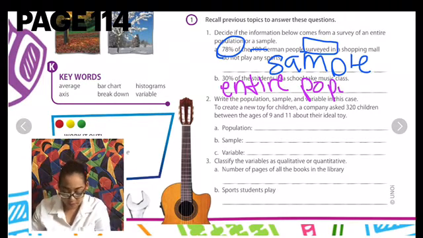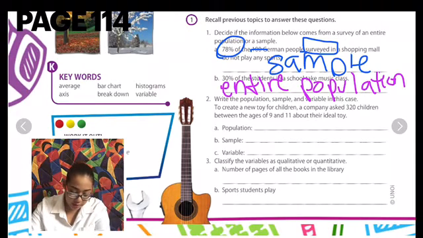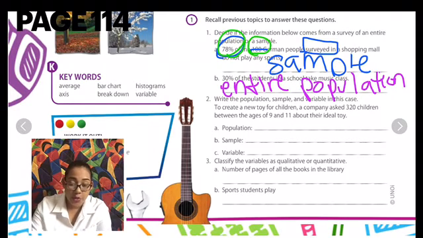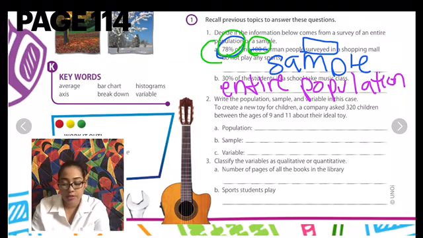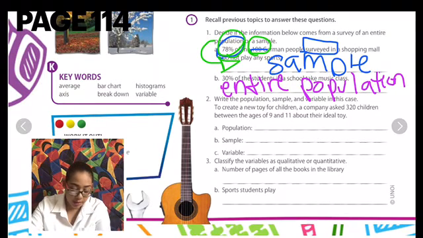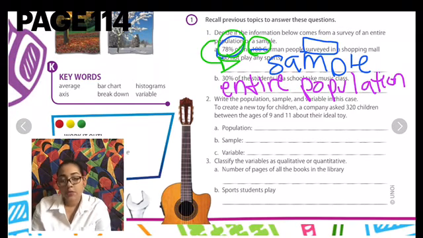There's a hint here: when they're telling you it's a sample, you see right here that it says 100 out of 78. That's how you're going to notice it's a sample. If they're telling you only 30% of students, we're talking about the entire population. Okay? So these are my answers. I hope you have the same.